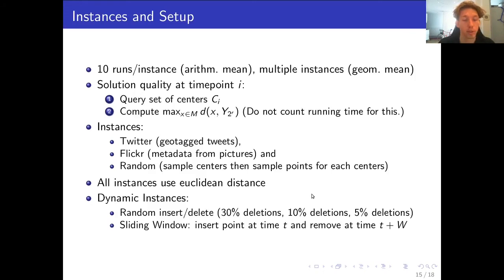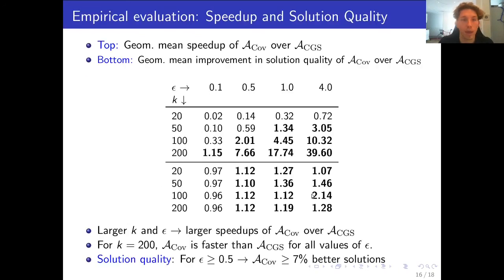In all our instances we use Euclidean distance, and for the dynamic evolving of M, we did two settings. The first one was random insertion and deletion, with 30% deletions, 10% deletions, and 5% deletions, and the second was a sliding window, where we insert a point at time t and remove it at time t plus w, where w is the window size.